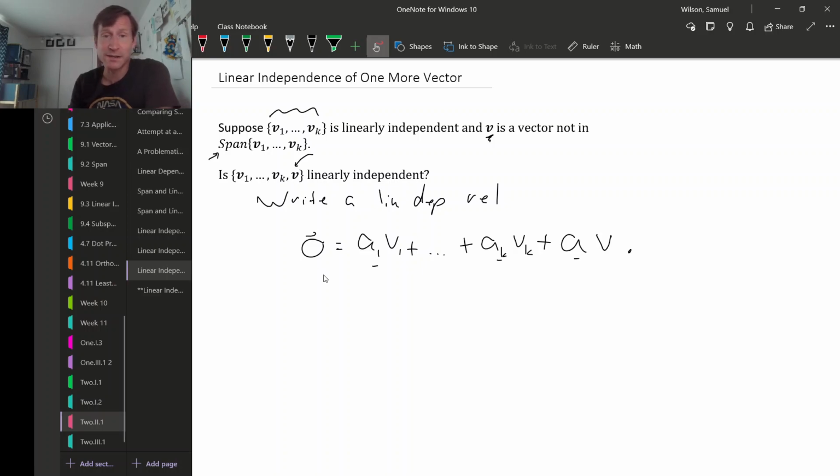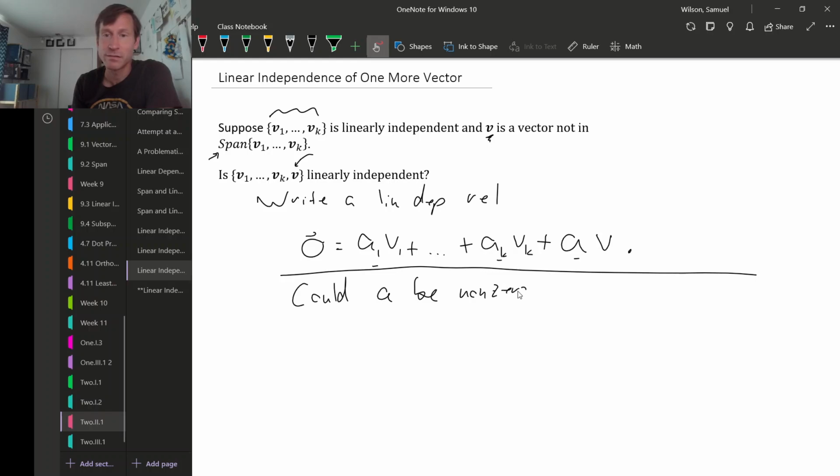Well, let's check. So first, could a be non-zero? Well, if so, right, if a is non-zero, then let's move the term with v to the other side. That would give us minus a v equals a1 v1 plus dot dot dot plus ak vk.